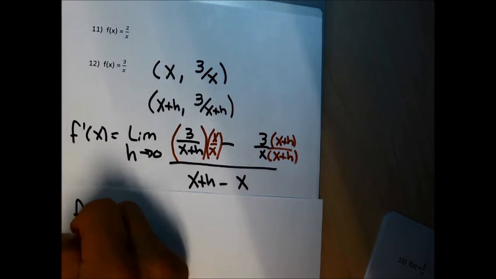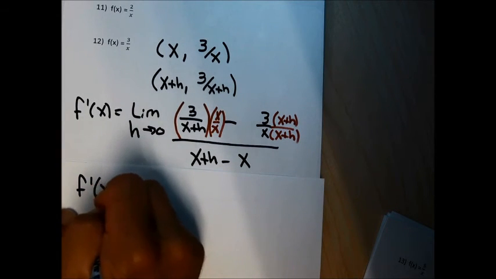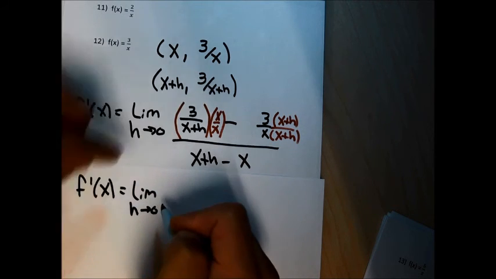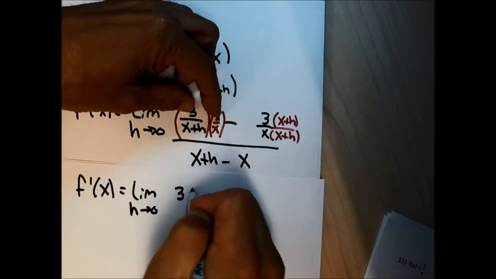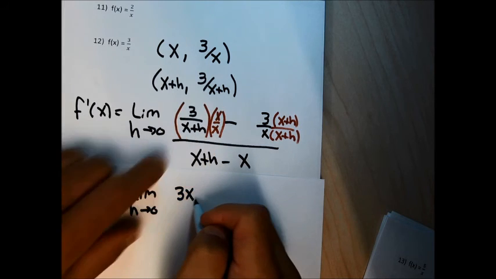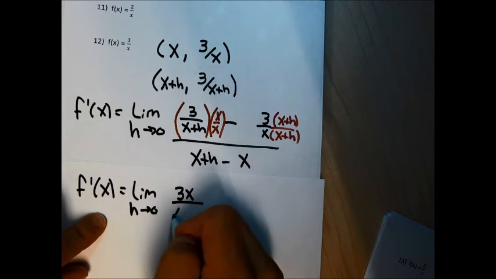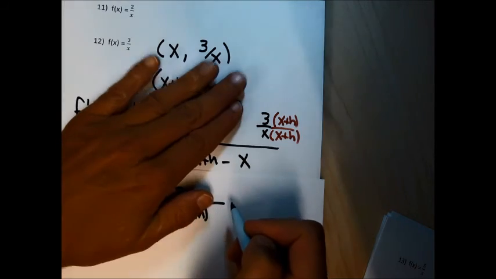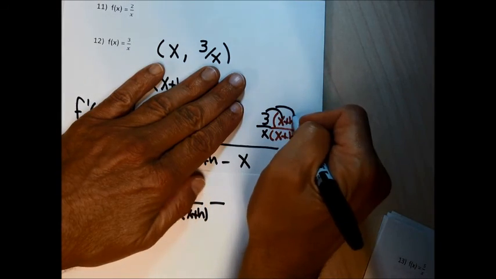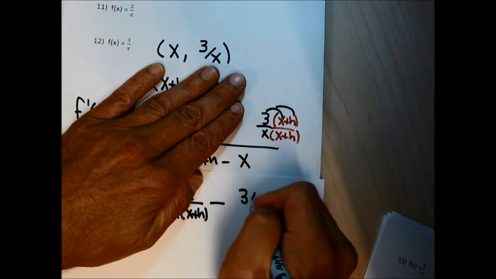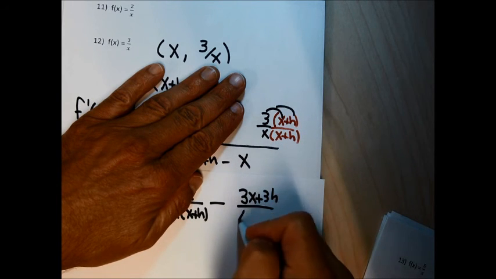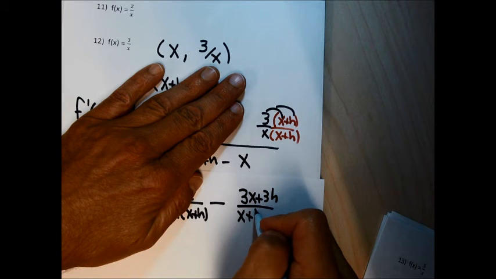So I get f prime of x equals the limit as h goes to 0. This one right here is 3x in the numerator and x plus h times x in the denominator, which I'm going to write as x times x plus h. Leave this minus sign. This one I get 3x plus 3h in the numerator and x times x plus h in the denominator.